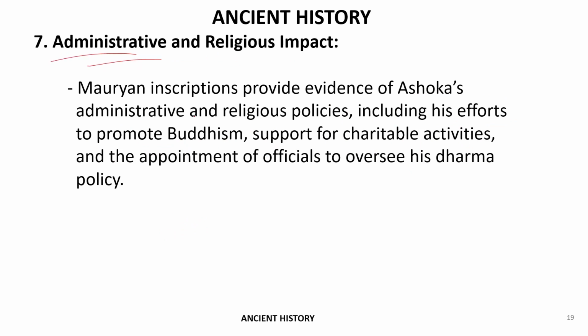The administrative and religious impact. Mauryan inscriptions provide evidence of Ashoka's administration because they contain the royal proclamations. Okay. Thereafter, the religious policies, because it is for the religious brotherhood.